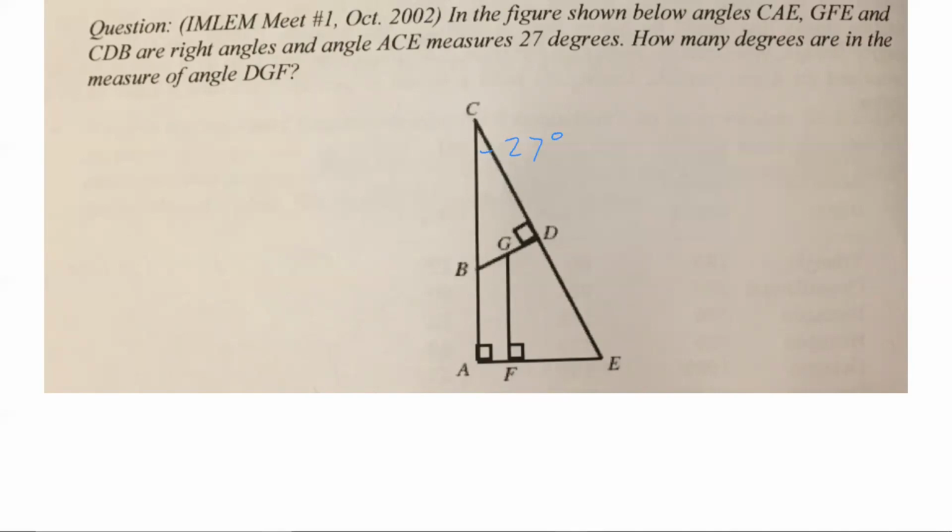So that means that angle CBD is equal to 180, because that is the total sum of the angles in the triangle, minus 90, minus 27, which are the two other angles. And that should give you 63 degrees. So we know that CBD here is 63 degrees.